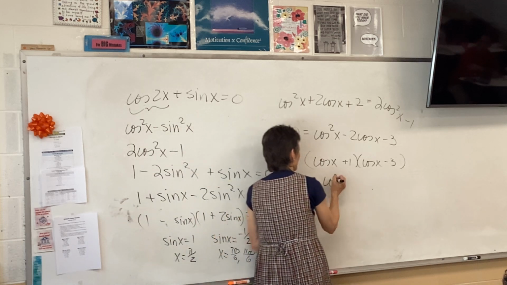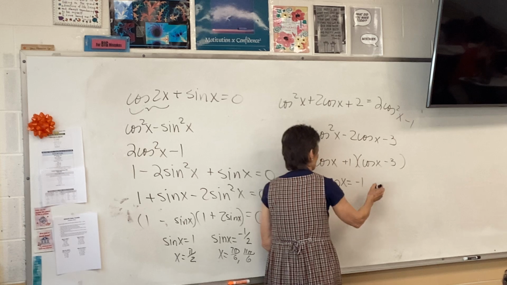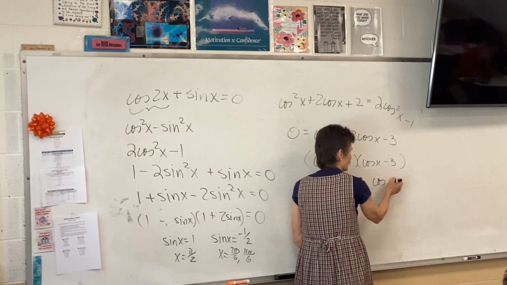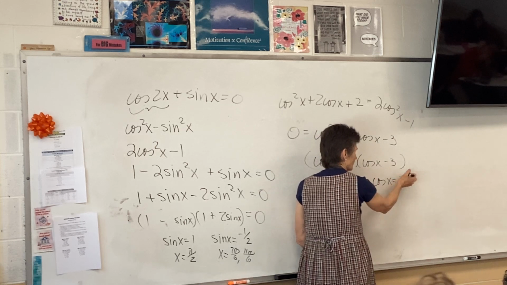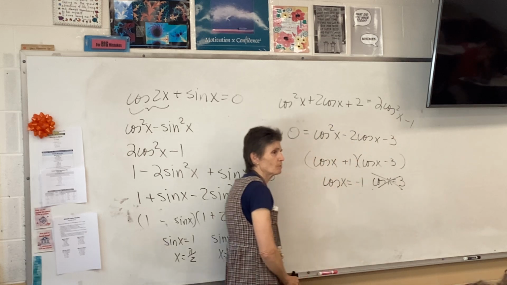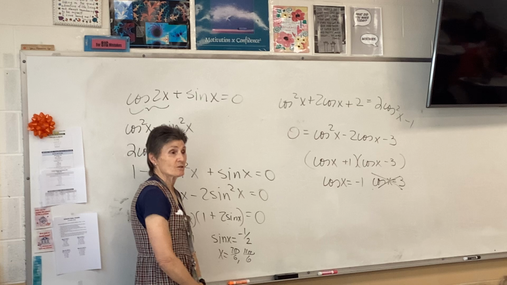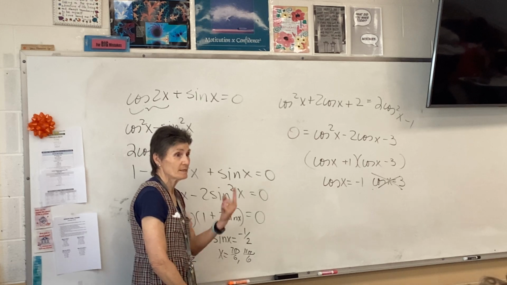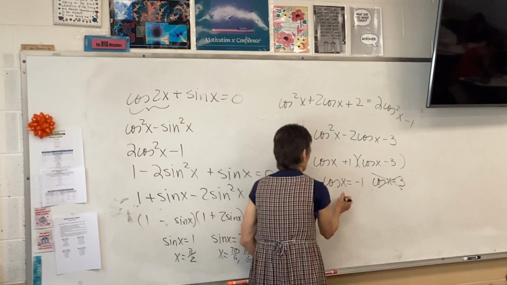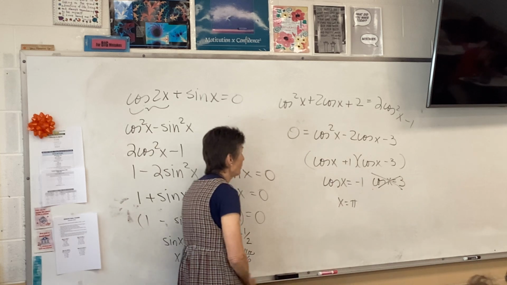So cosine equals -1 or 3. Can cosine equal 3? Extraneous. Throw it out. Where does cosine equal -1? Only one place. Pi. Yep. There you go. All that work for pi.